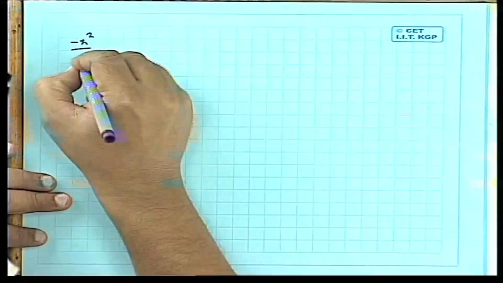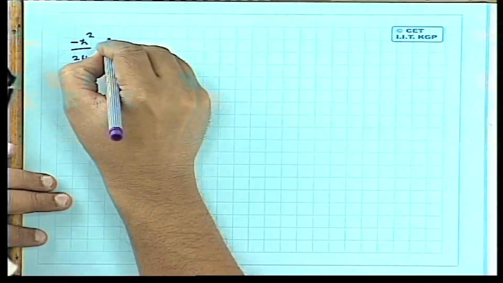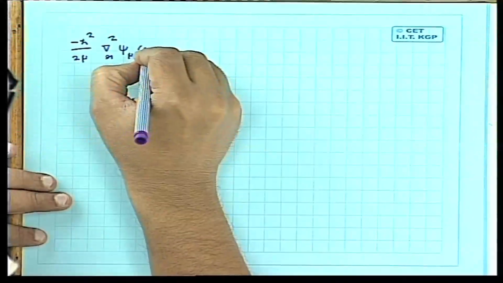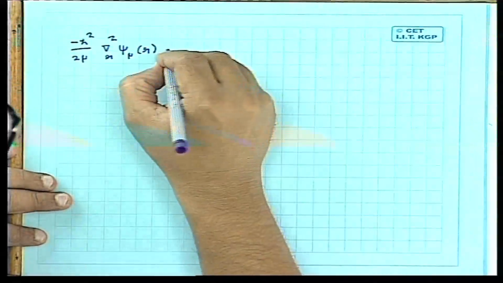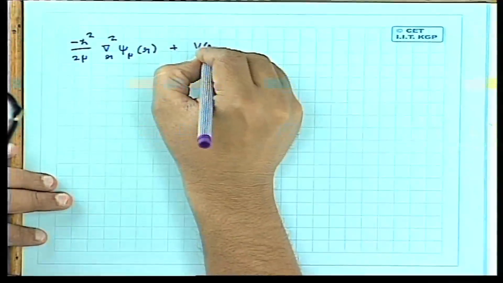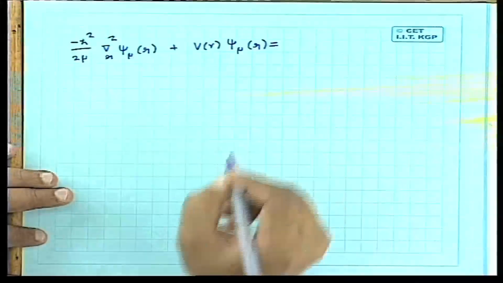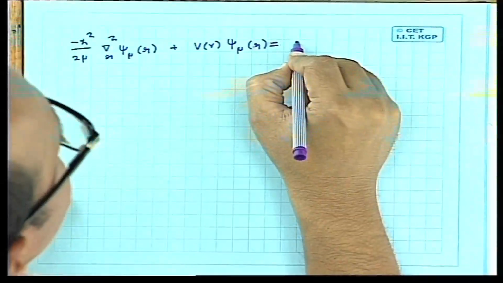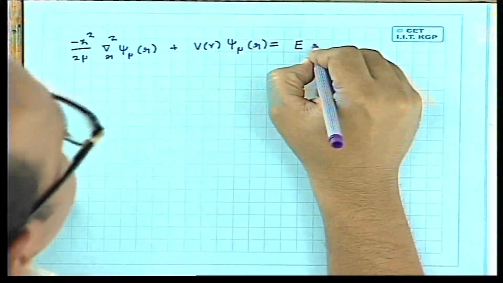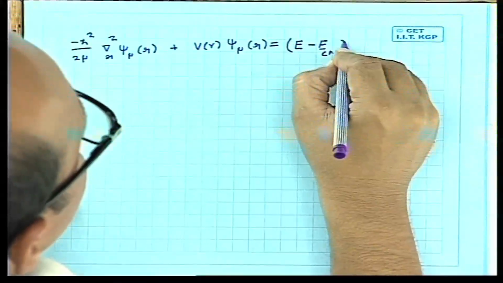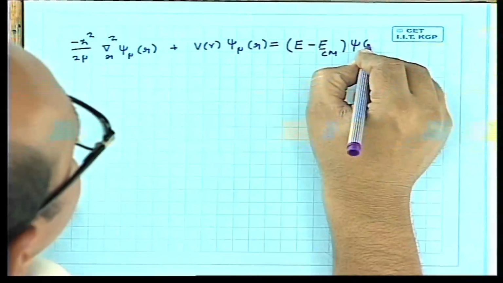So that equation now becomes minus h cross square by 2 mu del square small r psi mu of small r plus V of r psi mu of small r is equal to E minus ECM psi mu of small r.